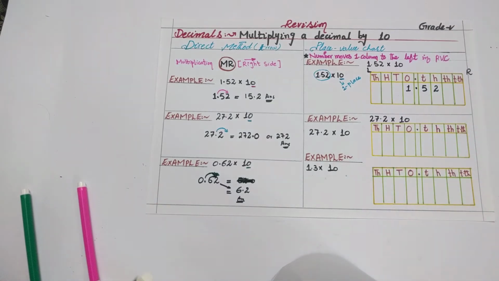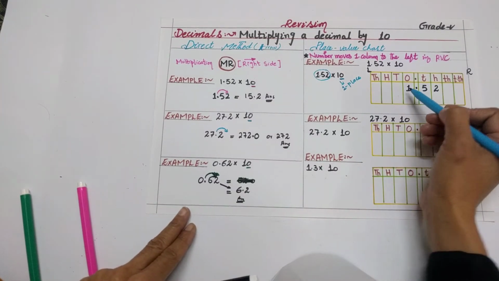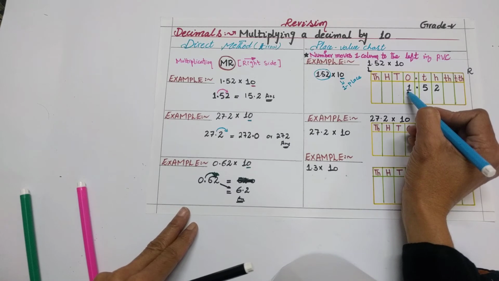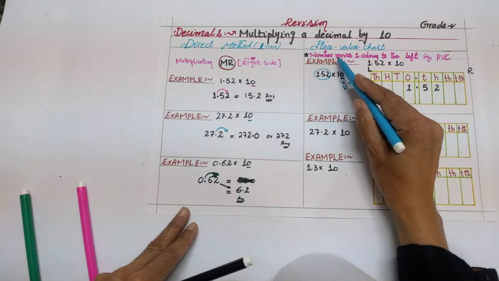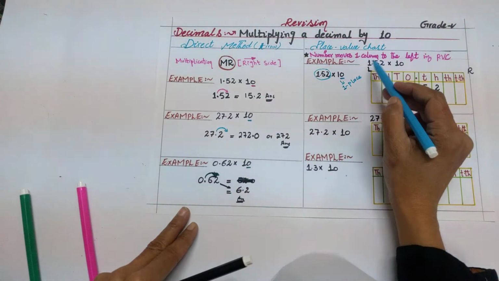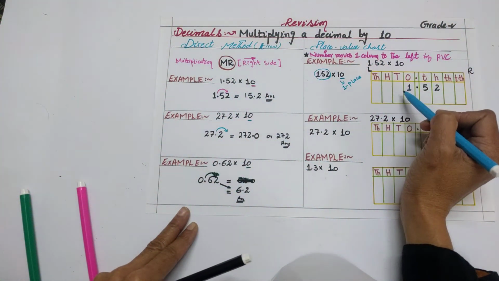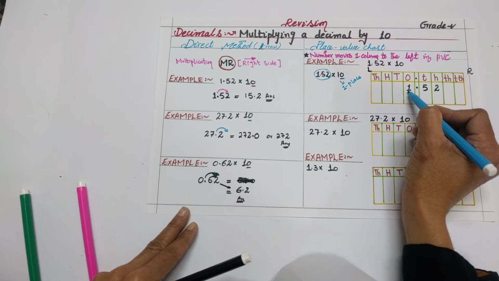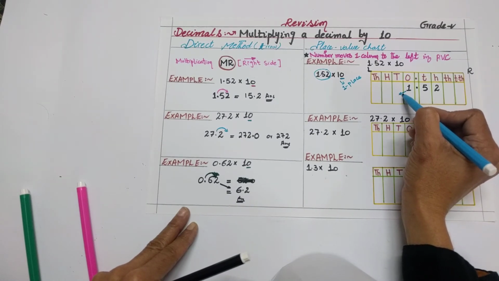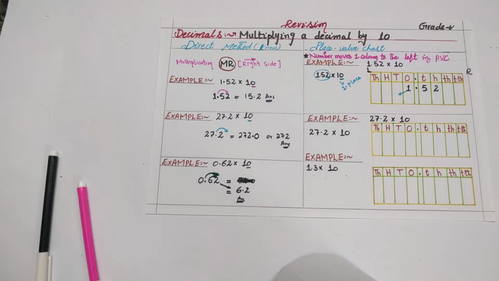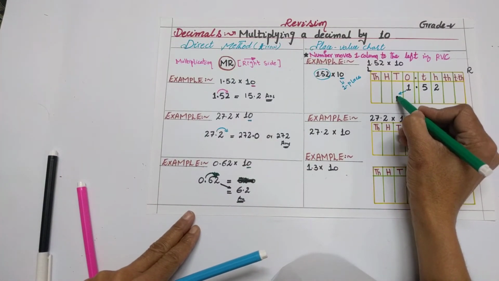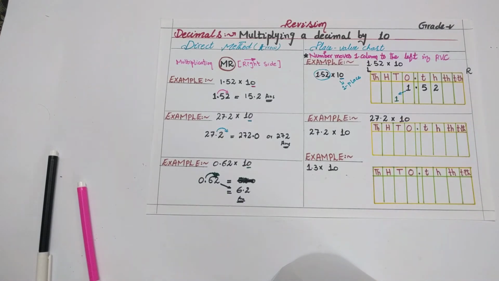So let's start the movement. 1 is our first digit, and when we multiply by 10, each digit will move one column to the left. So 1 will move to this place. The new place of 1 after multiplication by 10 will be the tens.